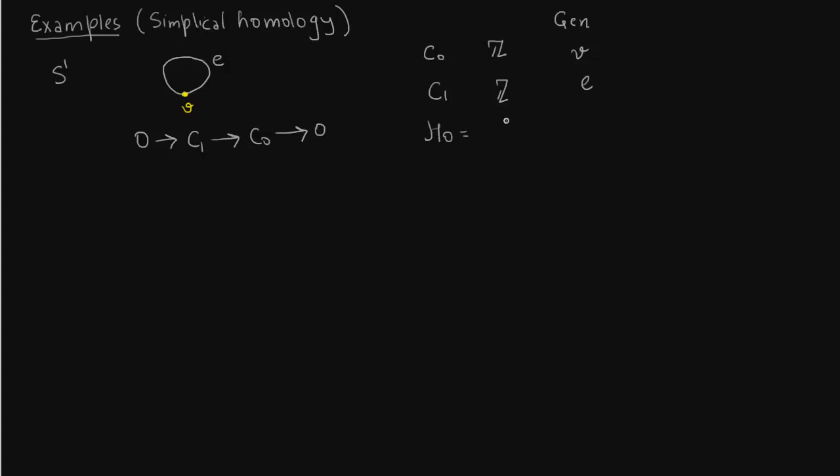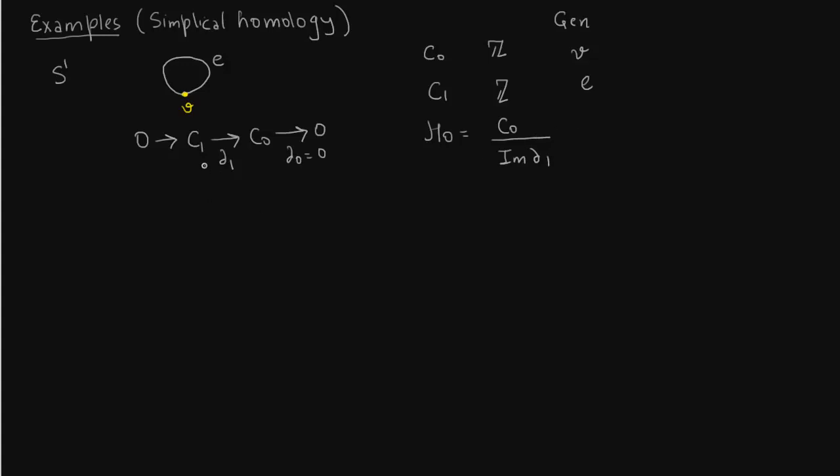So what is H0? H0 is always kernel of delta 0, but kernel of delta 0 is just C0 because the entire C0 gets mapped to 0, modulo image of delta 1. So we want to find out what is delta 1.